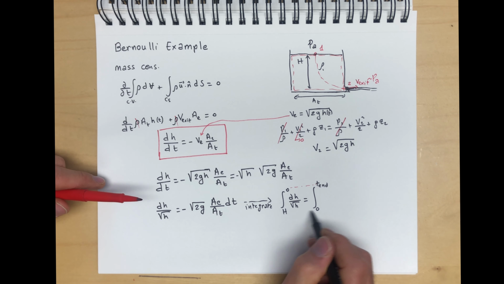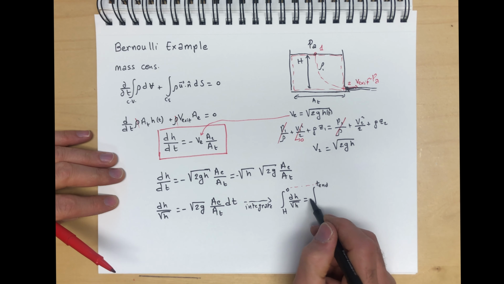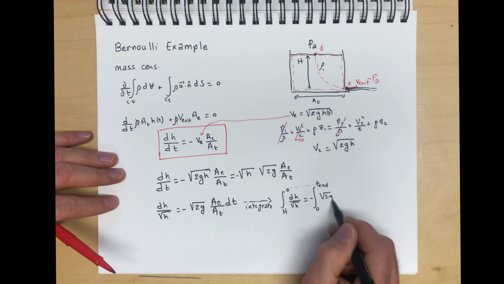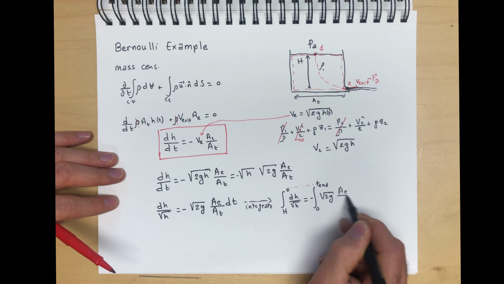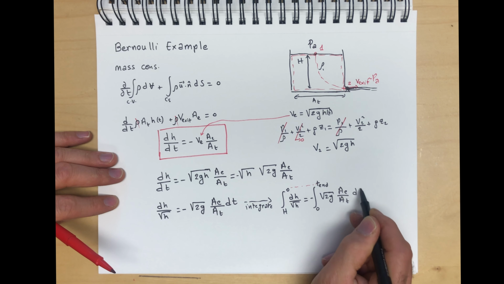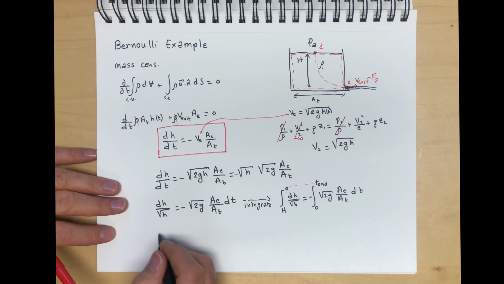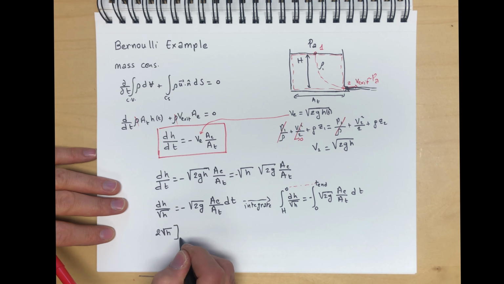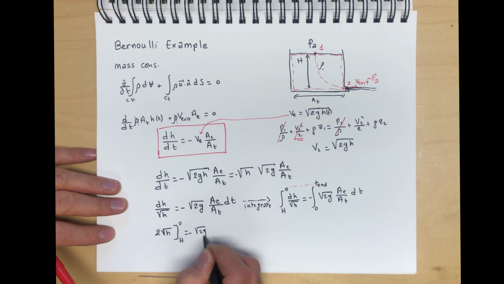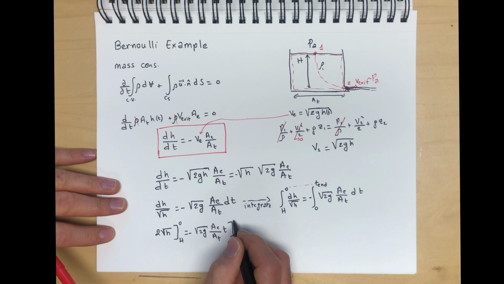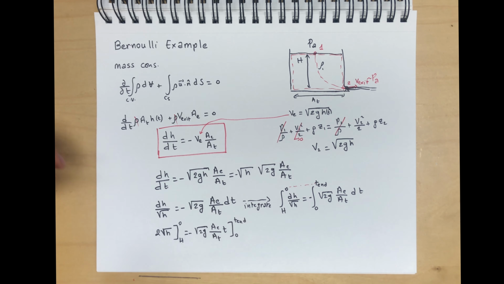Okay, at the initial condition we had the height H, minus the square root of 2g A exit over A tank dt. That gives us 2 square root of H, from H to 0, equals minus the square root of 2g A exit over A tank times t, from 0 to t end.